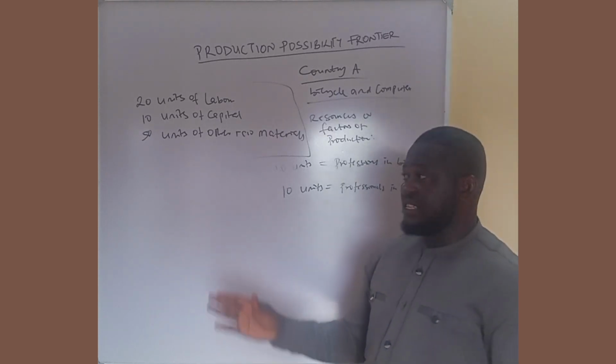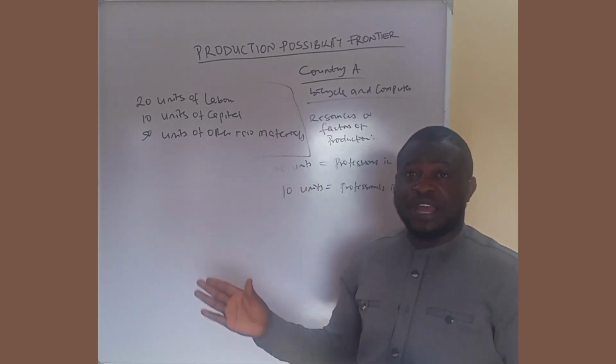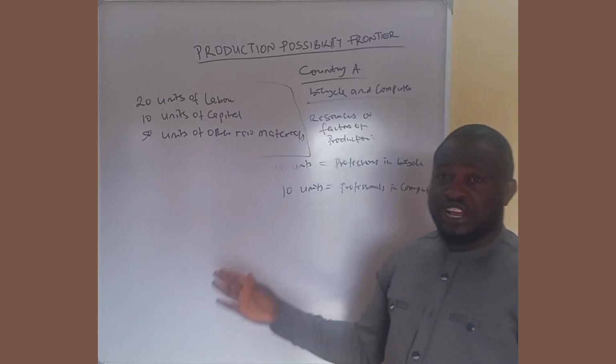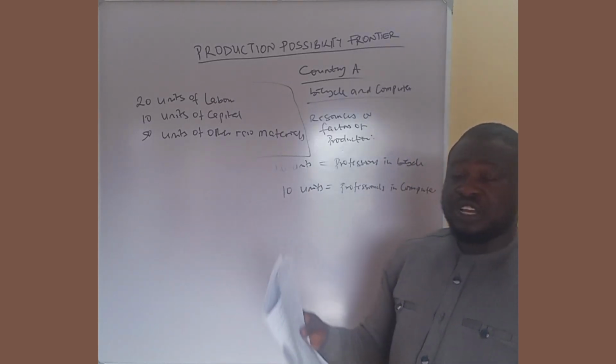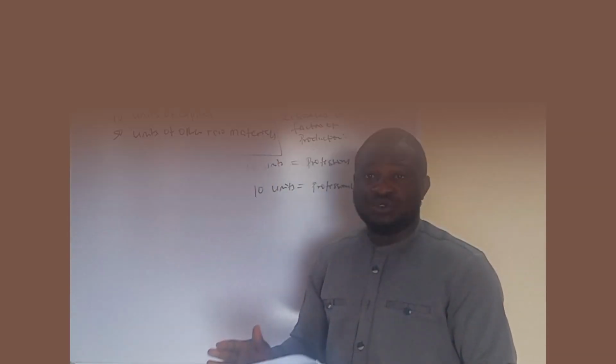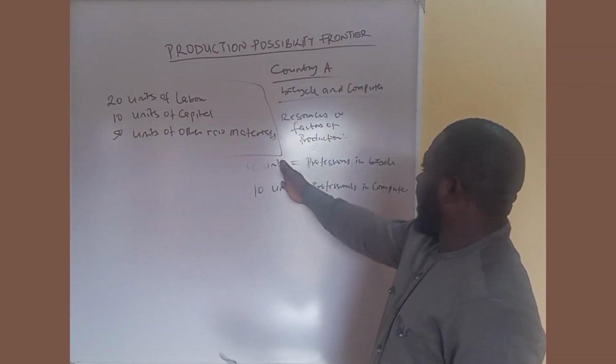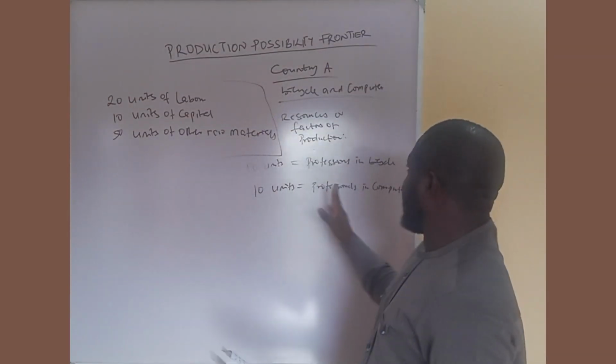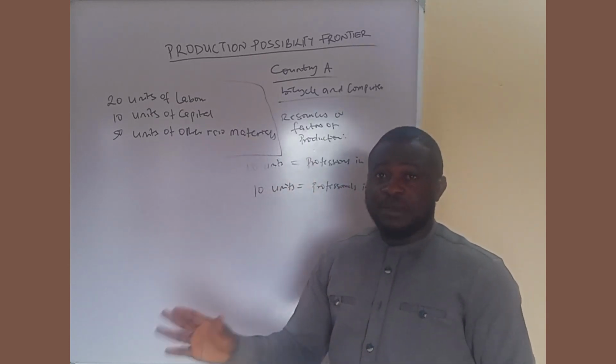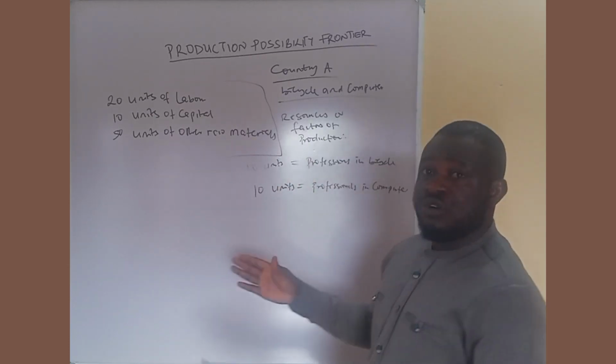That's not to say that these categories of people are novices when it comes to producing other goods and services, but when it comes to the goods and services that they can produce efficiently, we say that 10 units of labor can produce computer efficiently while the remaining 10 can produce bicycle efficiently.